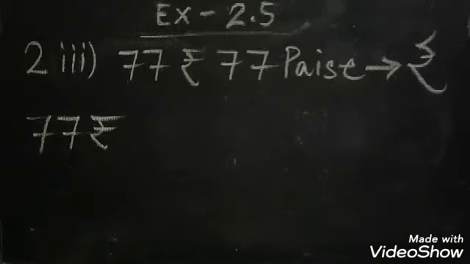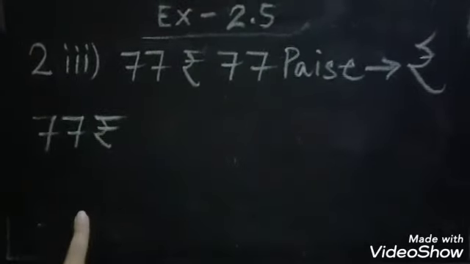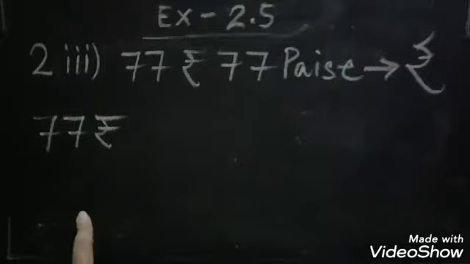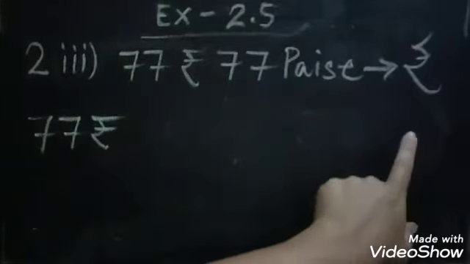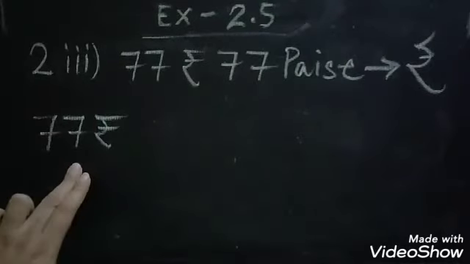If you have understood how paise are converted into rupees, then you can do this question as well. This question is asking that 77 rupees and 77 paise will totally be how many rupees? Now I have already written 77 rupees here, and I will not touch it because we want the whole answer in rupees, and 77 rupees are already in rupees.